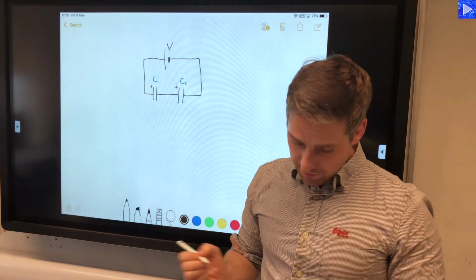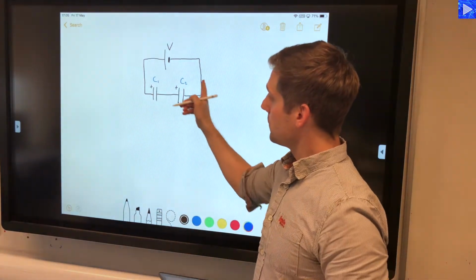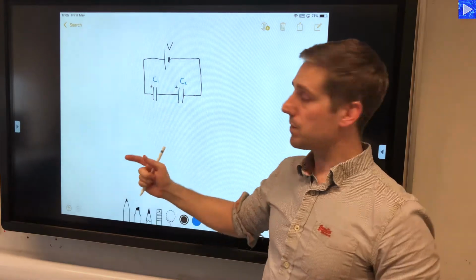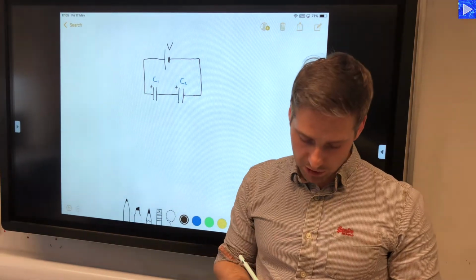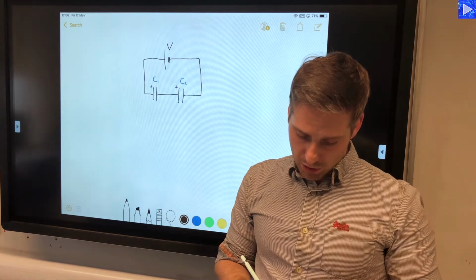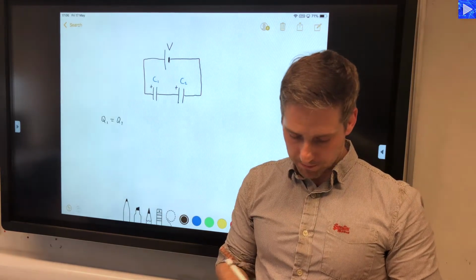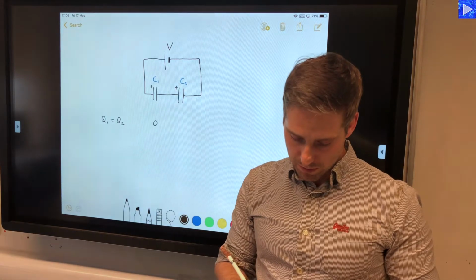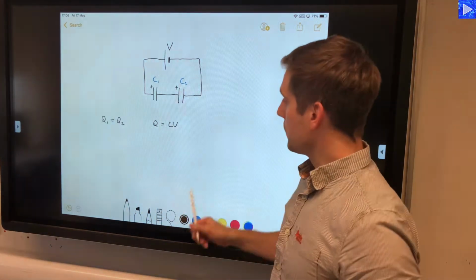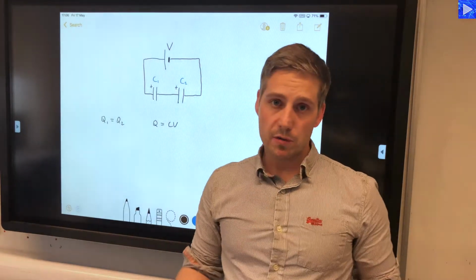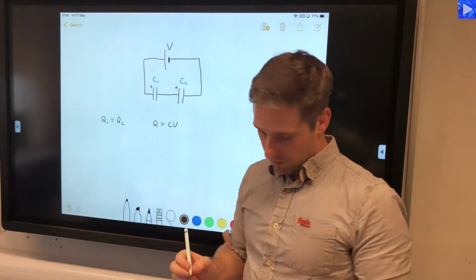So the first thing we can say is that because they're in series and the same current is going to flow to both of them for the same amount of time, they store the same amount of charge. So Q1 equals Q2 and Q is equal to CV. So we can write down expressions for Q1 and Q2 based on this equation here.